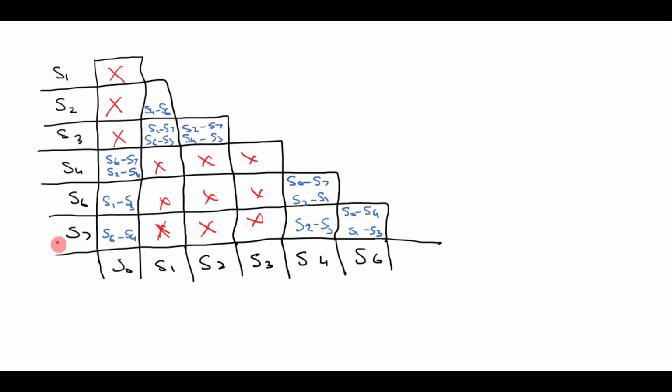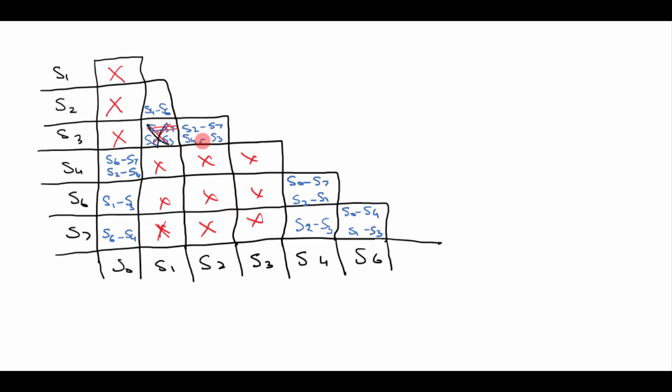So if S1 and S7 cannot be equivalent, then this pair cannot be equivalent. If this pair cannot be equivalent, then S1 and S3 cannot be equivalent.